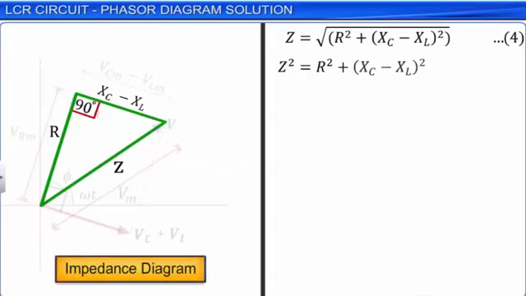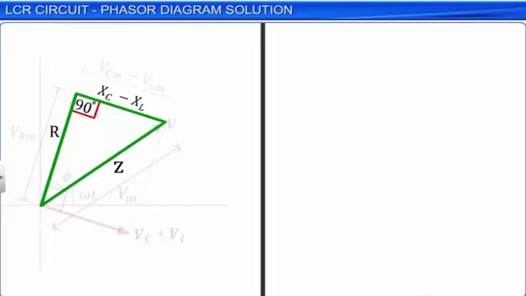In an LCR series AC circuit, the phase difference phi existing between the voltage and the current can be determined by using the impedance diagram. In the impedance diagram, the hypotenuse gives the impedance Z. Here, we observe that tan phi is equal to Xc minus XL by R. Let this be equation 5.